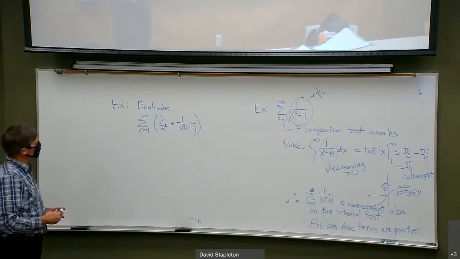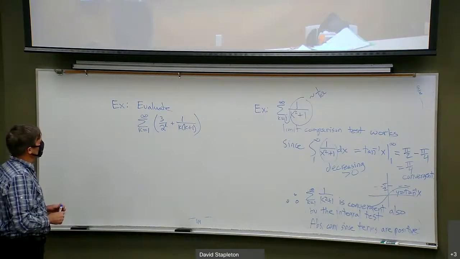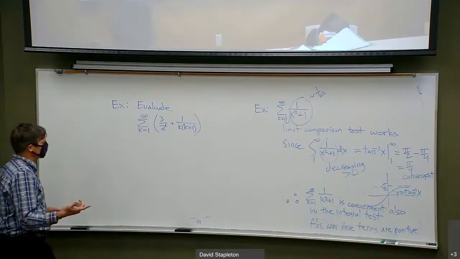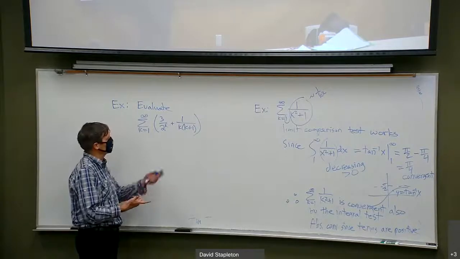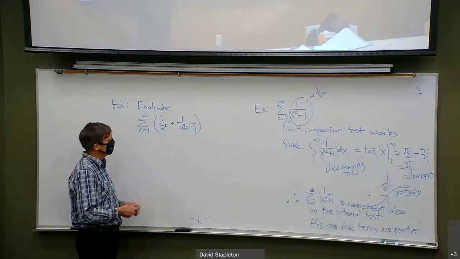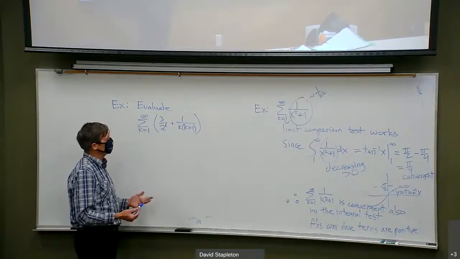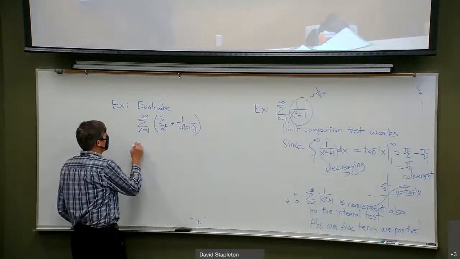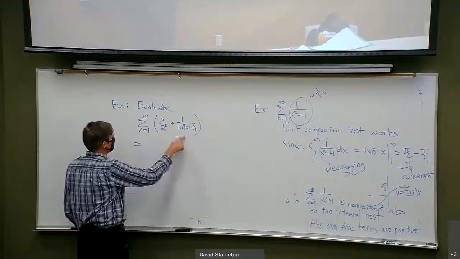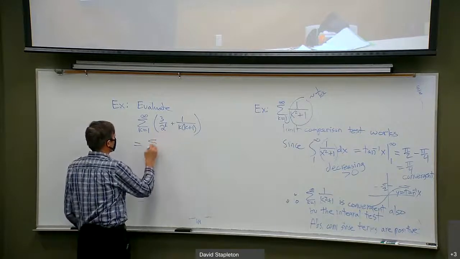Here's what I'm going to tell you to really narrow this down. We only learned how to evaluate two kinds of sums exactly, where you find out what they converge to: a geometric series or a telescoping series. So if I give you one where I say evaluate the sum, it's going to be geometric or telescoping, or like this one, a combination of the two. When this series is convergent, the sum of the sums theorem applies.